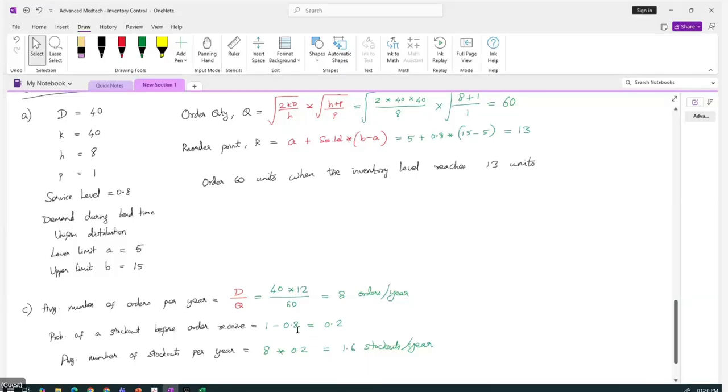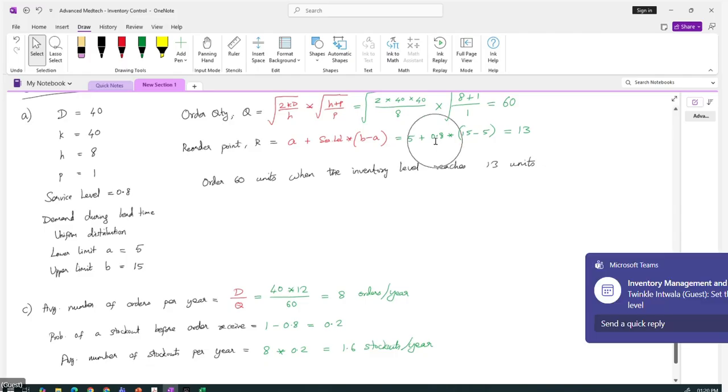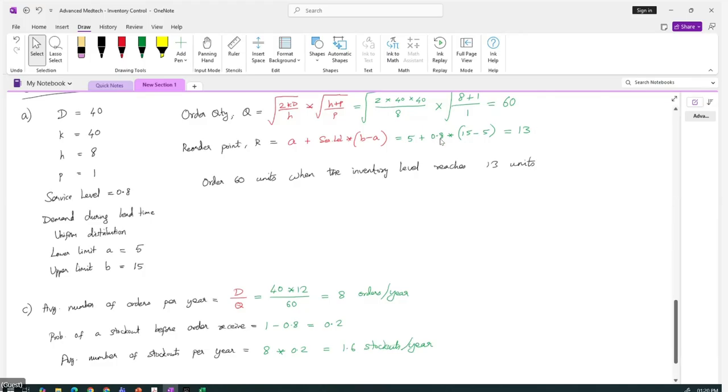So let's say I want to make my service level 99%. What will happen? The probability of stock out will become 0.01 or 1%, right? For that to happen, what should I do? My reorder point will also increase. Here, instead of 0.8, it will become 0.99. So automatically, I'll have to reorder at a very early stage. I hope you got the idea.